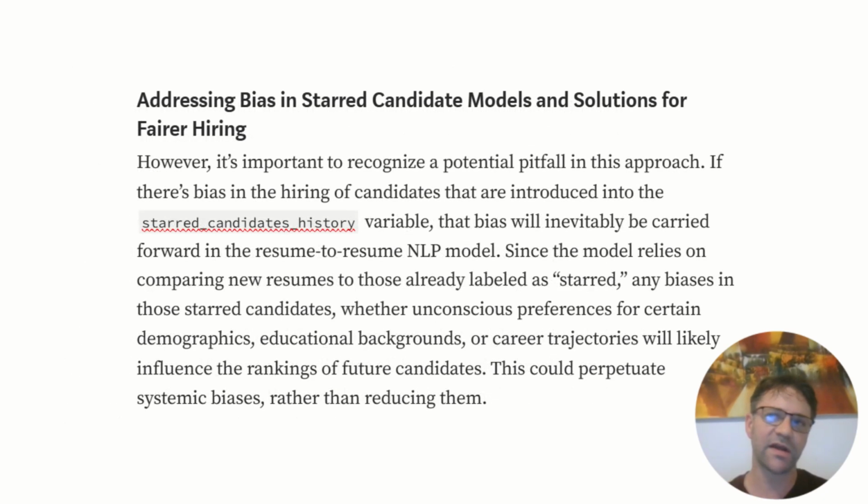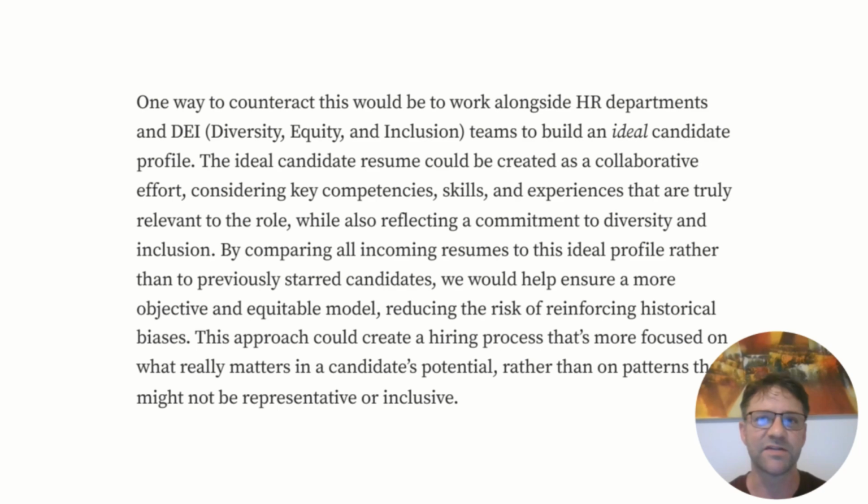Additionally, comparing to starred candidates, if there is some bias in the hiring process, then we're carrying over that bias into the models. So we could think about getting together with the HR department and maybe a diversity, equity, and inclusion professional and creating an ideal resume.